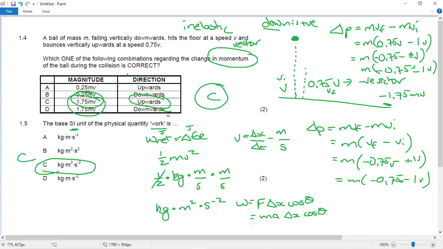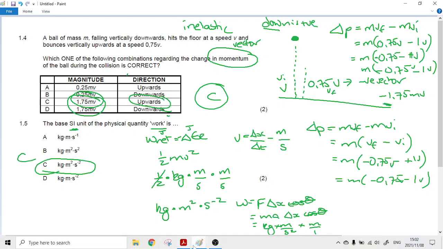Theta doesn't have a unit. Mass is measured in kilograms. Acceleration is meters per second squared, and delta x is in meters. So you can see I'm ending up with the same thing. Cos theta, no unit, we're going to ignore it. Kg, meter, second squared. It gives you the same answer, just a different route.